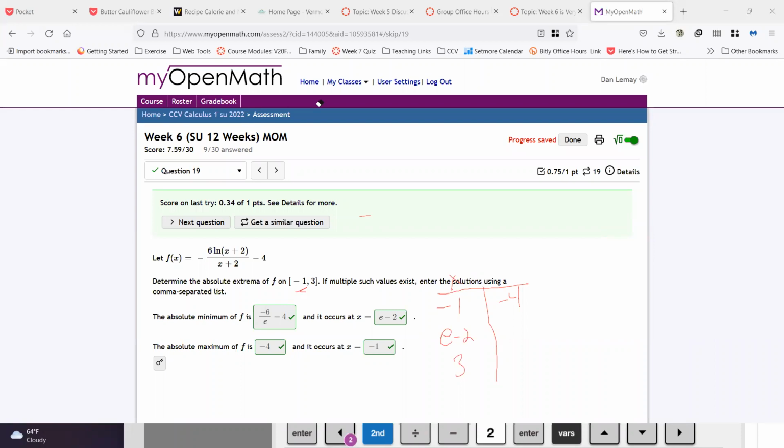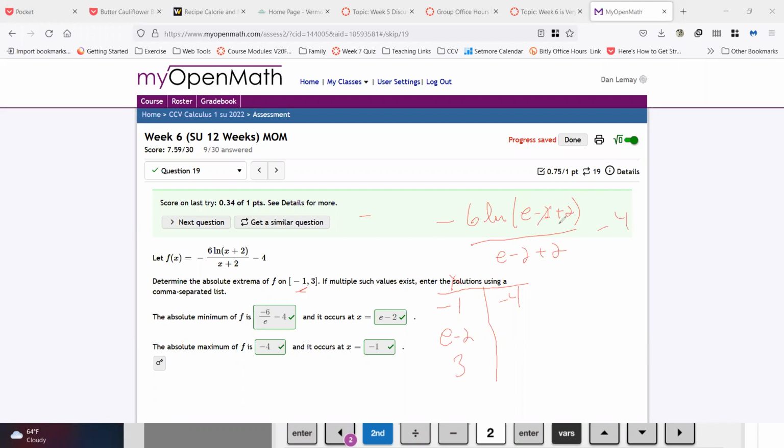Okay. Now I'm going to drop in the e minus 2. So here's how you get this. And sometimes my open math does this deliberately. They just want to make sure you can write the math and do the math without worrying about a calculator. So I'm going to drop in e minus 2. Remember, that was one of my critical values. So negative 6 times the natural log of e minus 2 plus 2, all over e minus 2 plus 2 minus 4.